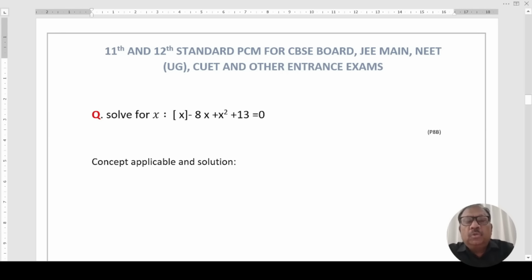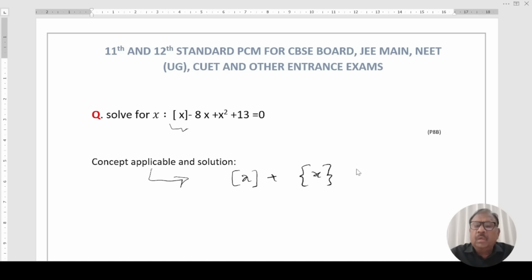Question is, solve for x: greatest integer function [x] minus 8x plus x square plus 13 equal to 0. Concept applicable and solution. One concept is greatest integer function plus fractional part function equal to given number.